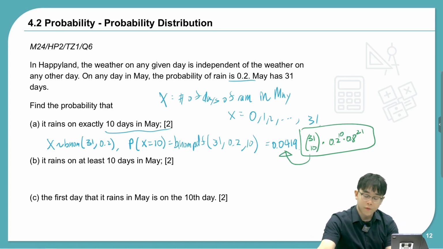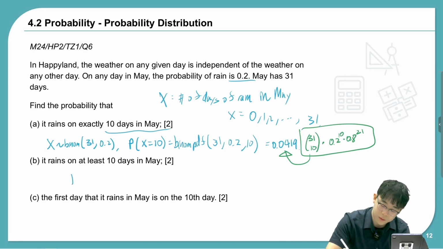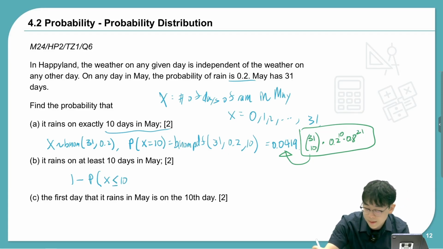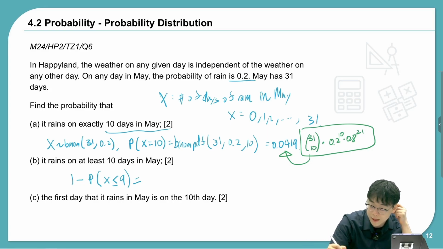And then if it rains on at least 10 days in May, we could do 1 minus the probability that X is less than or equal to 9. This is because if we're not counting exact days, but rather more or fewer days, we would use binom CDF.